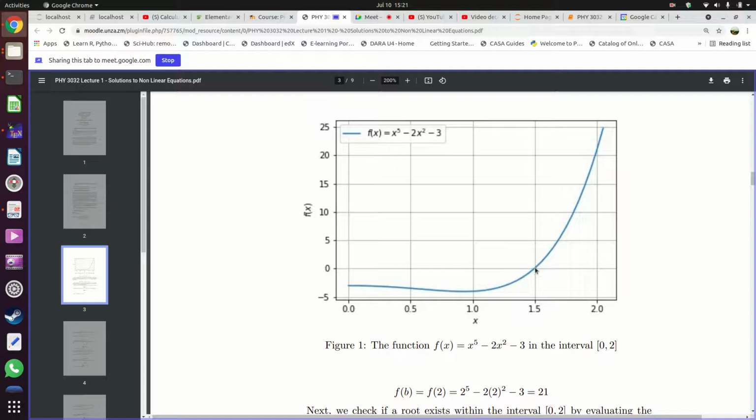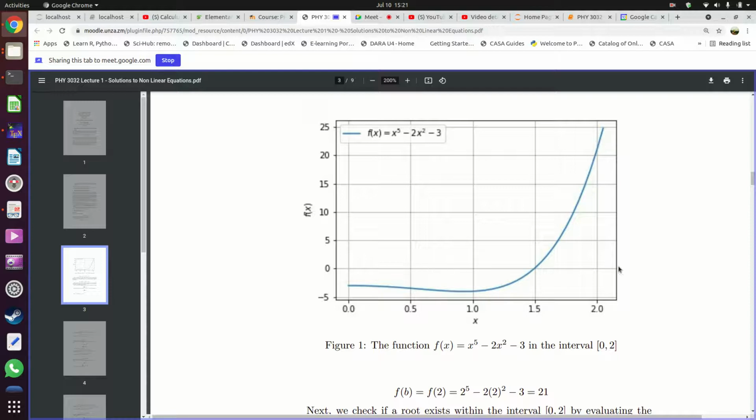It's clear. Yeah. So with the bracketing method, what you do is you choose an interval. For example, I choose the interval between 0 and 2. From this, I'll keep on shrinking this interval.